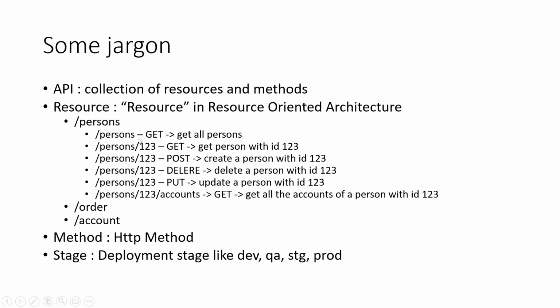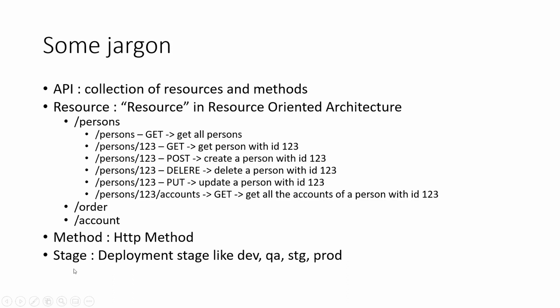So /weather will give me the weather across all the zip codes in the United States. But /weather/12345 will give me the weather for that specific zip code. Make sense? And on /weather, if I do an HTTP POST, then I'm creating the weather records.